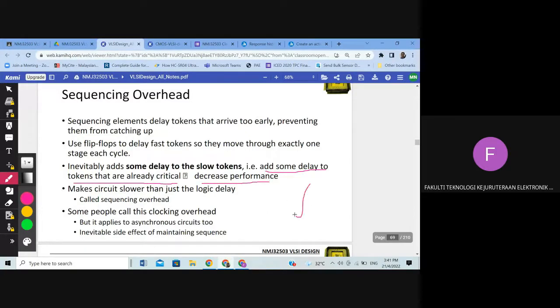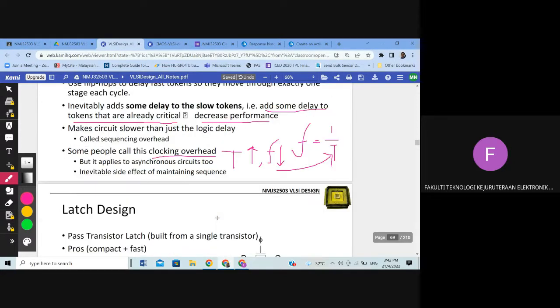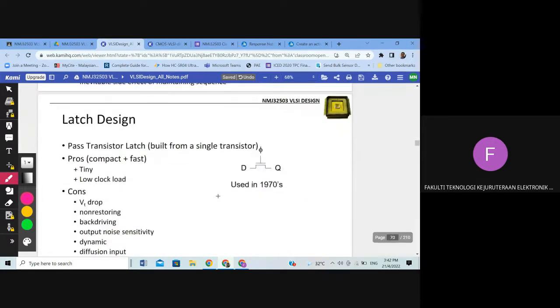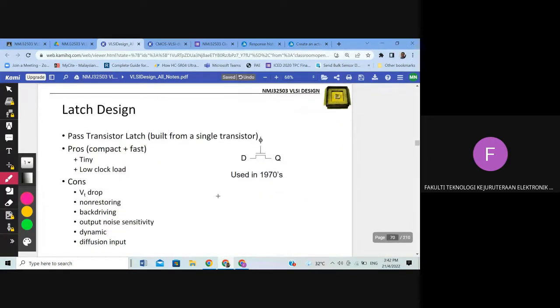For example, our frequency F equal to 1 over T. When we delay, it will increase the T. When T becomes bigger, F will become lower, and then performance will become slow. Some people call this clocking overhead. To get the details, you may read the textbooks.